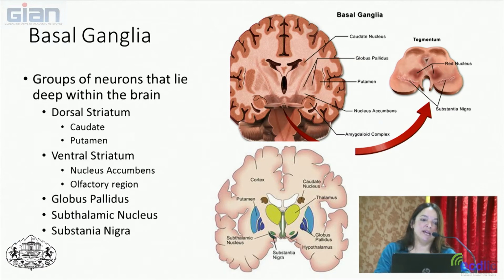Okay, the basal ganglia. The basal ganglia is an interesting area. It's more of a group of neurons that lie deep within the brain than it is a structure in the brain. And you can divide this basal ganglia into two regions, the dorsal, which means the higher up, and the ventral, which means the lower down areas.